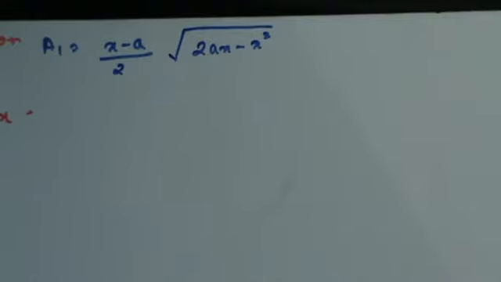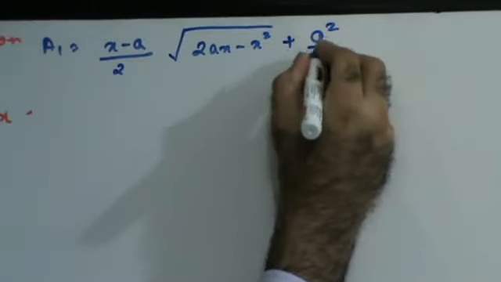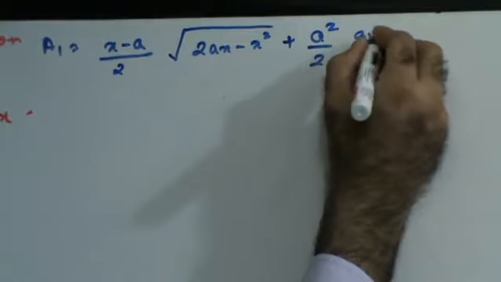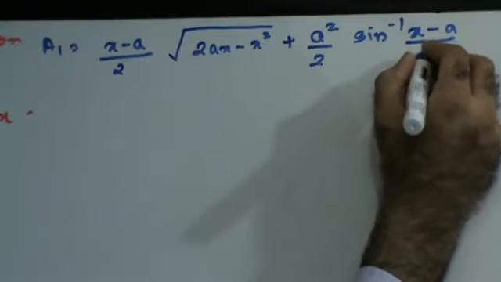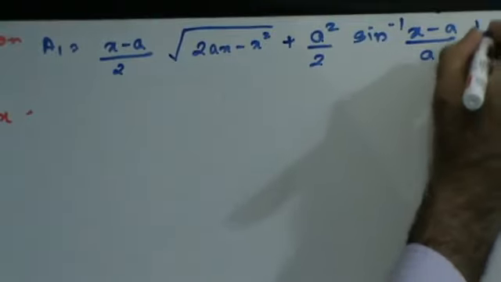So I'll skip that step and I'm showing you directly. Plus a square by 2 sine inverse of x by a, when the limits are between 0 to a.